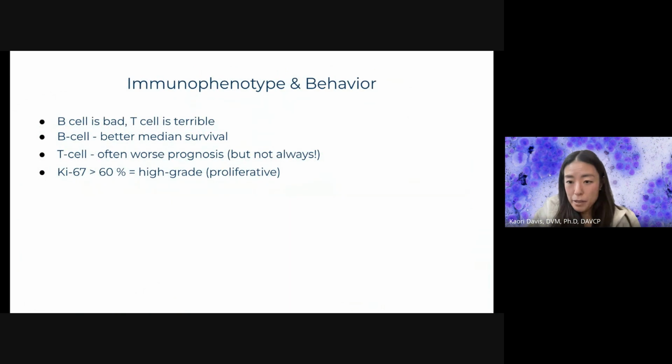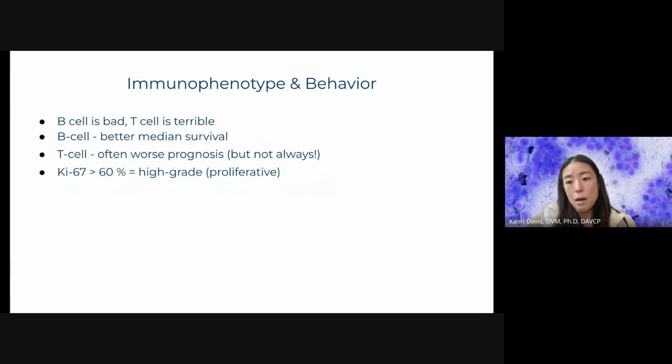Immunophenotyping is another common thing that we do in veterinary medicine. Basically, we differentiate B-cell lymphoma versus T-cell lymphoma. Many of you probably remember learning at vet school, B is bad and T is terrible. B-cell lymphomas tend to have better median survival, and T-cell lymphomas often have worse prognosis, but of course there are exceptions.